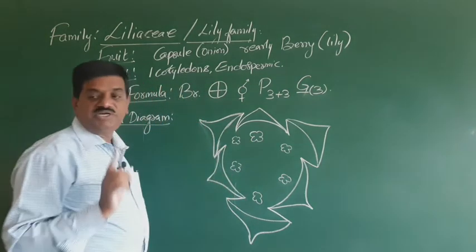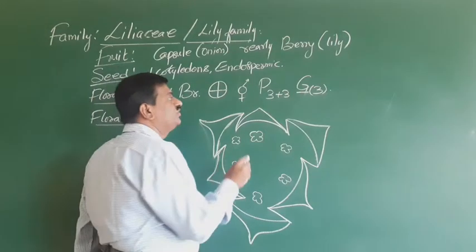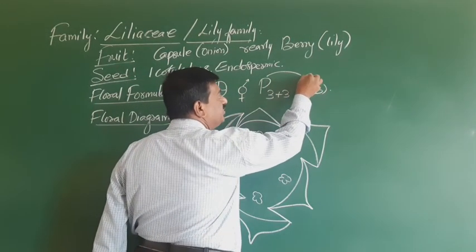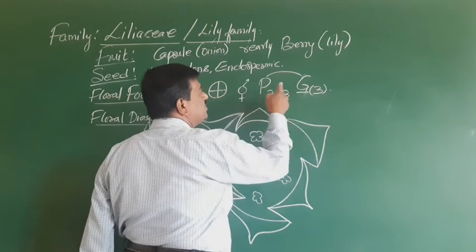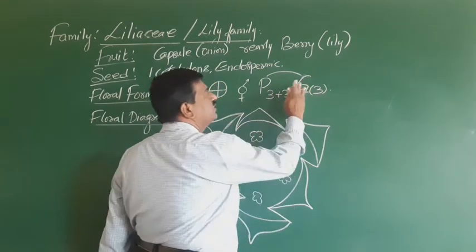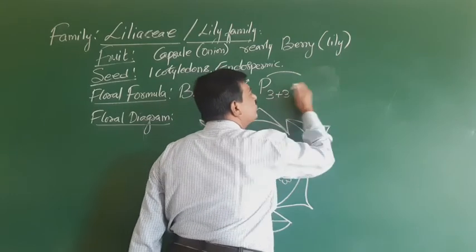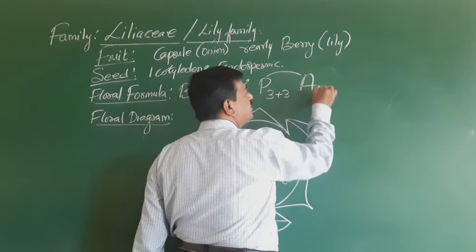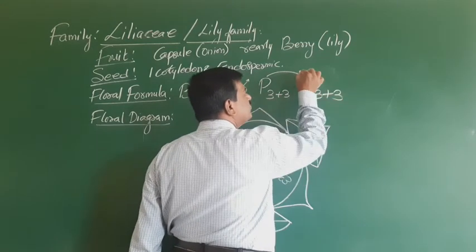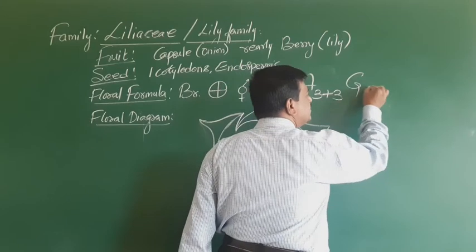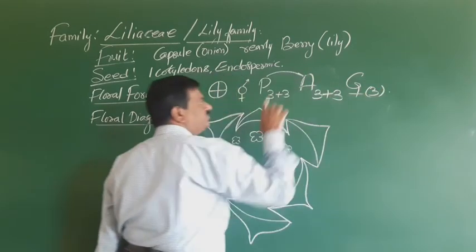Here, important is there is a presence of Epipetalous. An arrow mark should be written here, Epipetalous. There is a presence of the perianth is attached. So, sorry, I have not mentioned about Androecium. So, here Androecium 3 plus 3. This is called as Epipetalous, and Gynoecium is tricarpellary superior, like this.